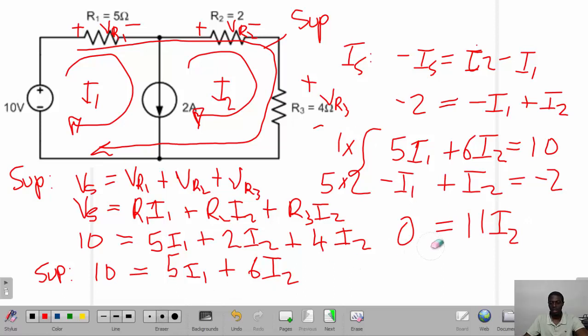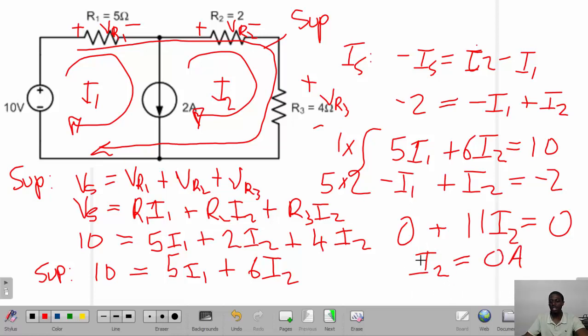That will be 0, which will be equal to 11 I2 plus, you've got minus 10 there, and 10, when you sum them up you get 0. So in this case your I2 is simply 0 amps.